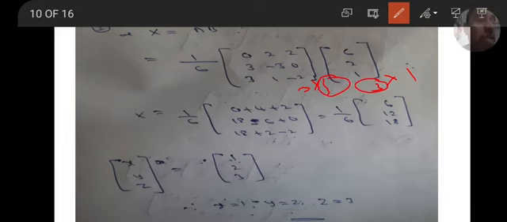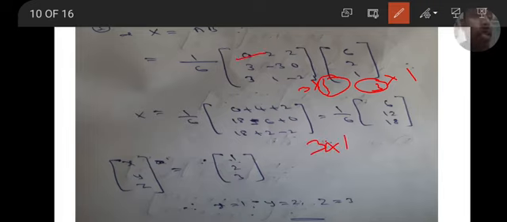both the matrices. We get X equals 1 by 6 into a 3 by 3 matrix and a 3 by 1 matrix. The number of columns in the first matrix is equal to the number of rows in the second matrix, so the multiplication is possible and the result is a 3 by 1 matrix.